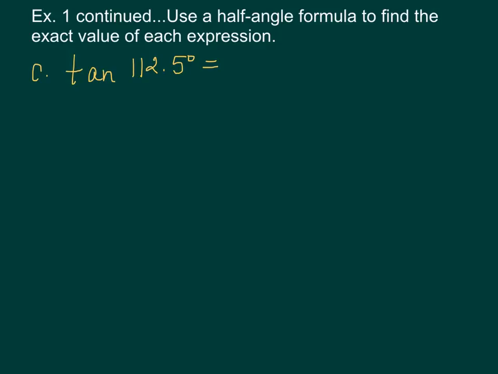And if you don't know, you can always double it. Or you can just take this and multiply it by 2. And that will give you the angle, the number you're taking half of. And that will be 225.